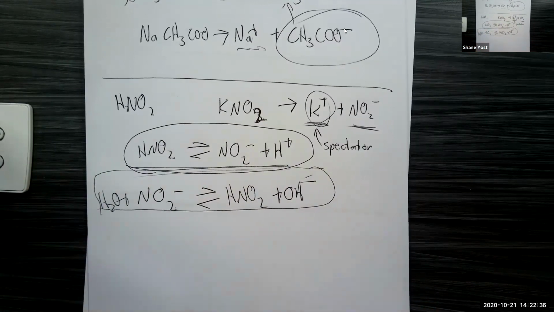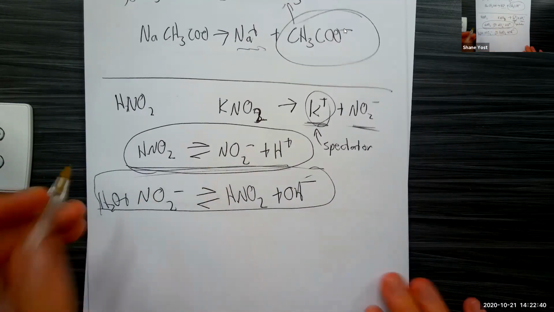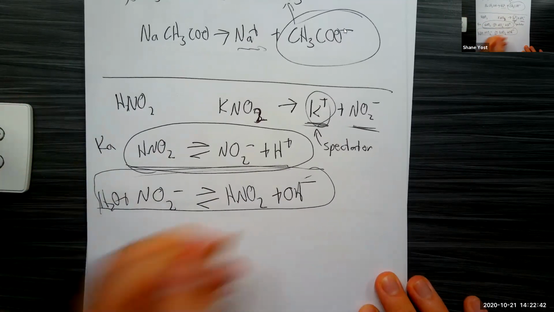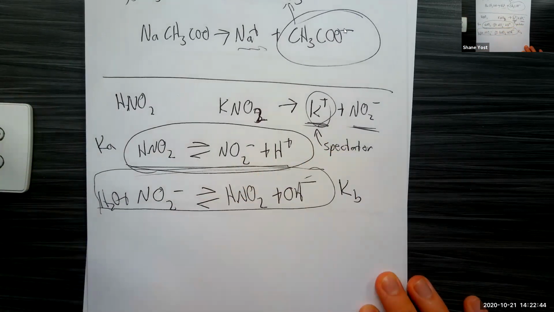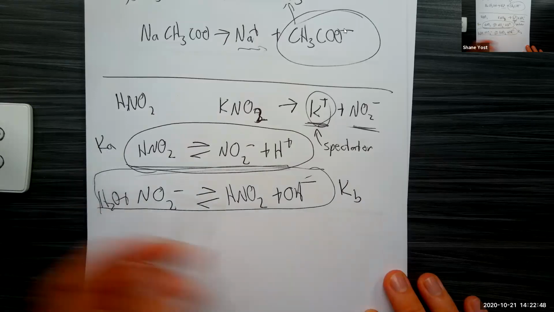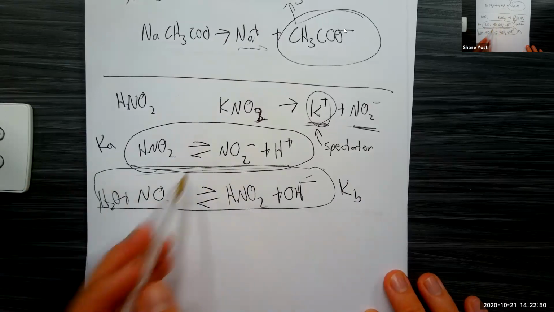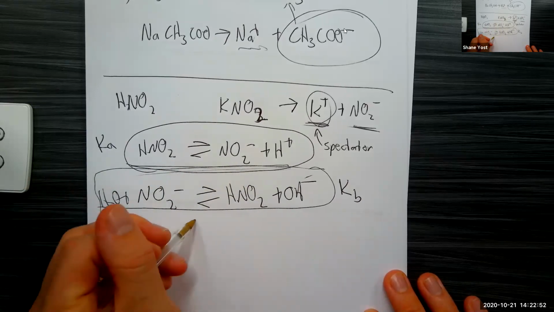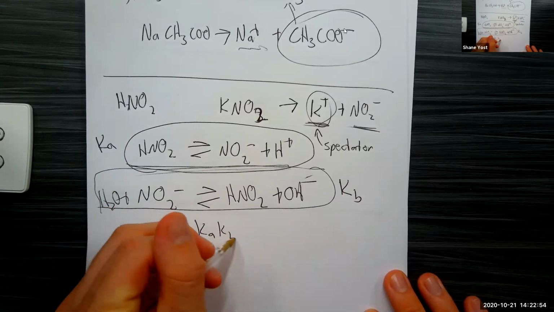Because if you used either of these two equilibrium expressions, this is the equilibrium constant Ka, this is the equilibrium constant Kb, and if you know the values of those, the fact that these are conjugate acid-base pairs means Ka times Kb equals Kw.